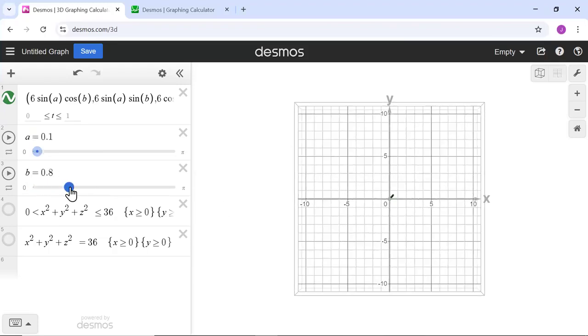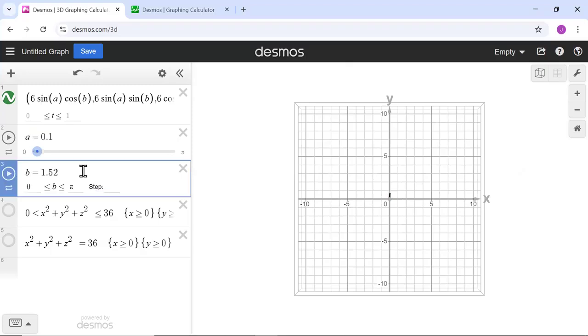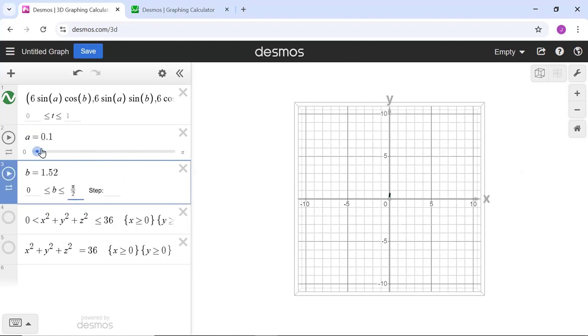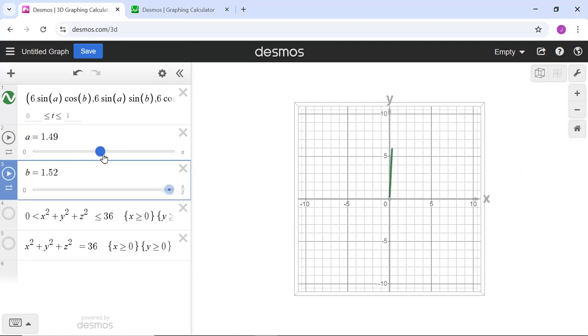So if we are rotating theta from 0 to pi over 2, we're spanning this circle.